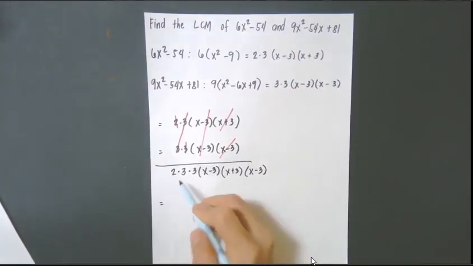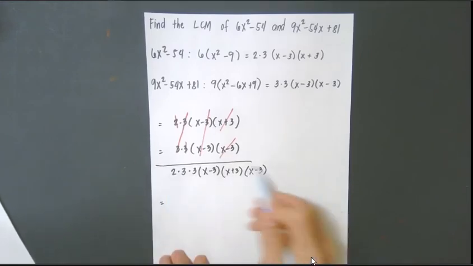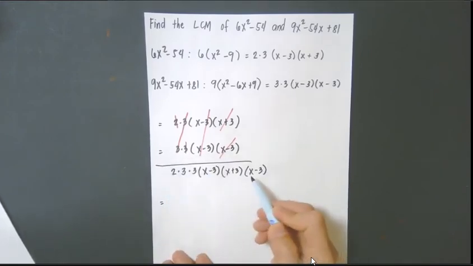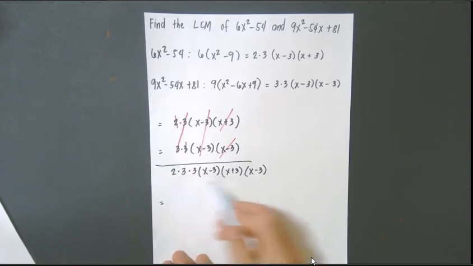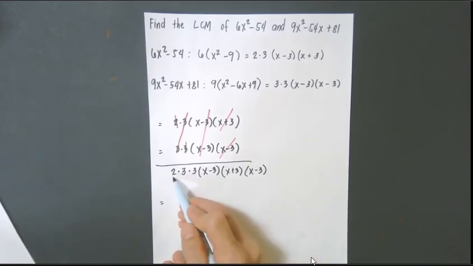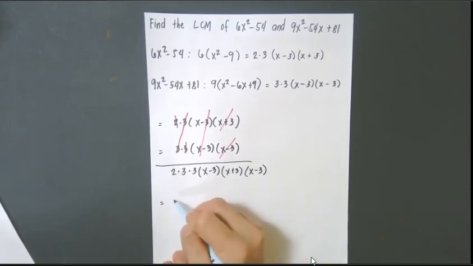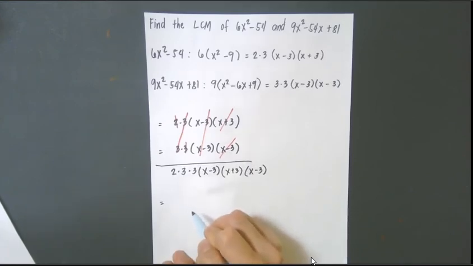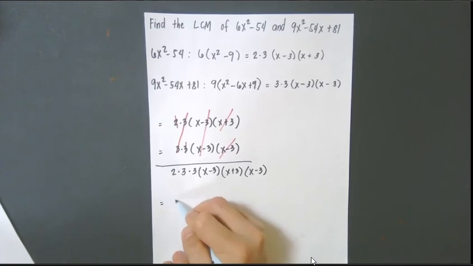Let us simplify here. Actually, you can write this as your final answer. I can accept that, but you can also rewrite it into this form. What's 2 times 3 times 3? That's 18.